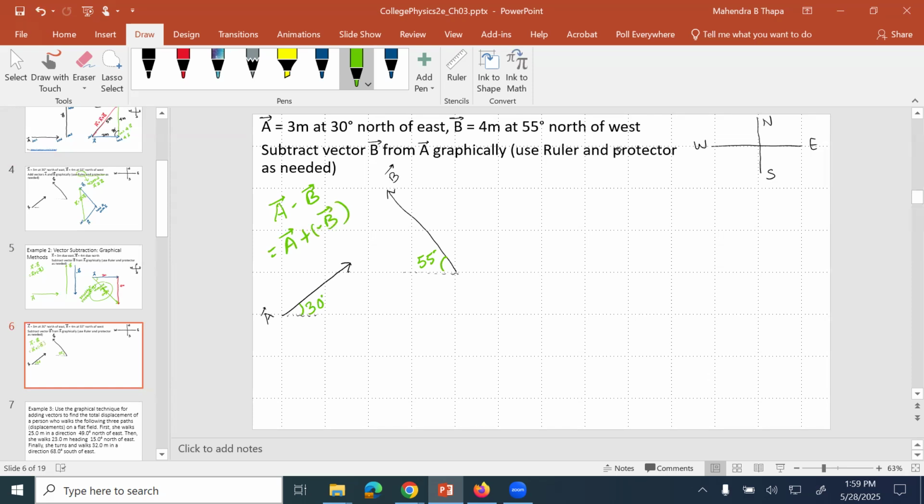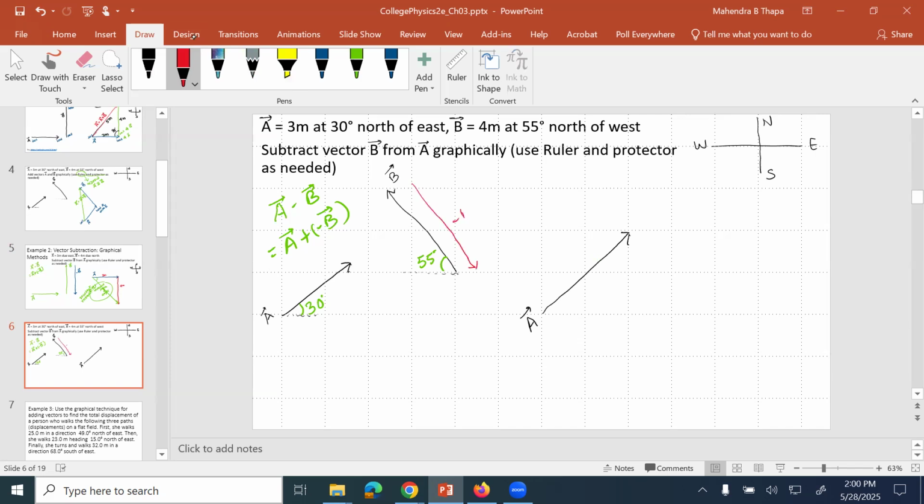So A minus B means adding vector A and the negative of vector B. So I start with vector A again as before. So I have to draw exactly the same length and the same vector. So this is my vector A. Now I want the B vector, but not positive. It should be the negative. So if my B vector is this, my negative vector will be like that.